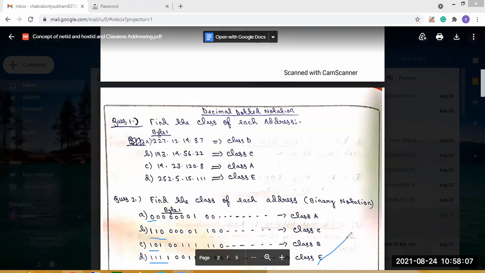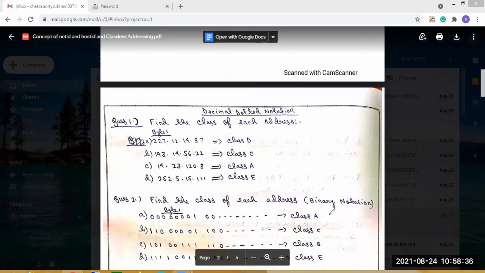So according to these ranges, you will see the first byte, and according to the range you see, you will put the class in which the address is present. So this is how to find out the class of each address. In the exam you may be given the address using the dotted decimal notation or the binary notation, in any form.